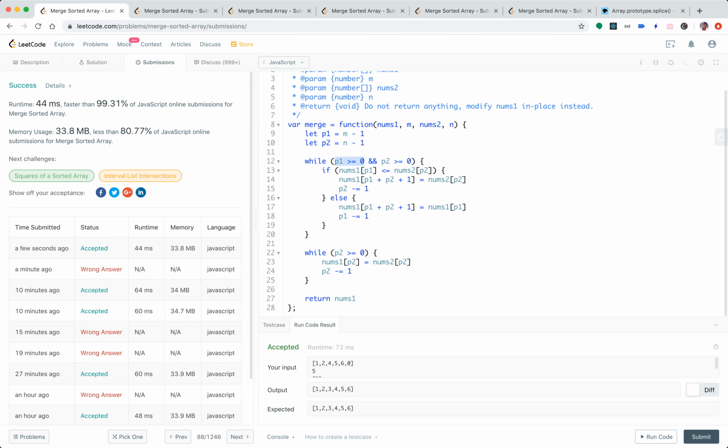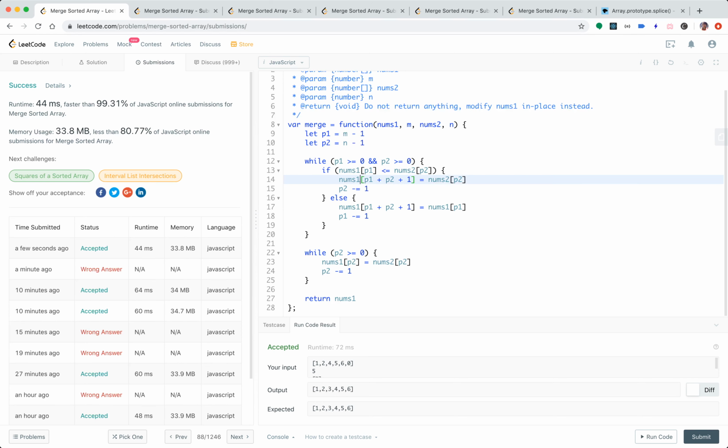I can understand. But this is very straightforward, right? So if both of them are there, one of them is left out, so we just assign them. This one, nums p2 equals nums p2. It's likely to be this. So p1 must be minus 1.